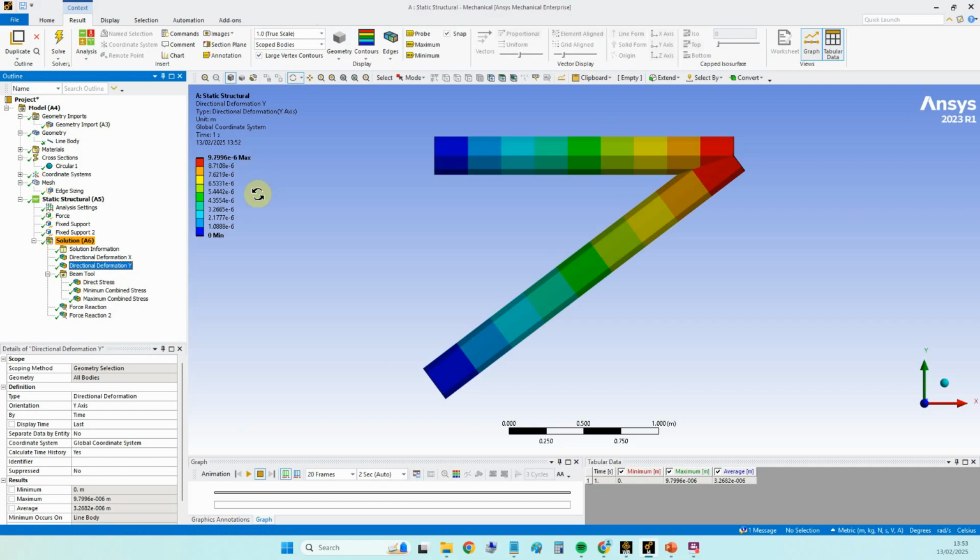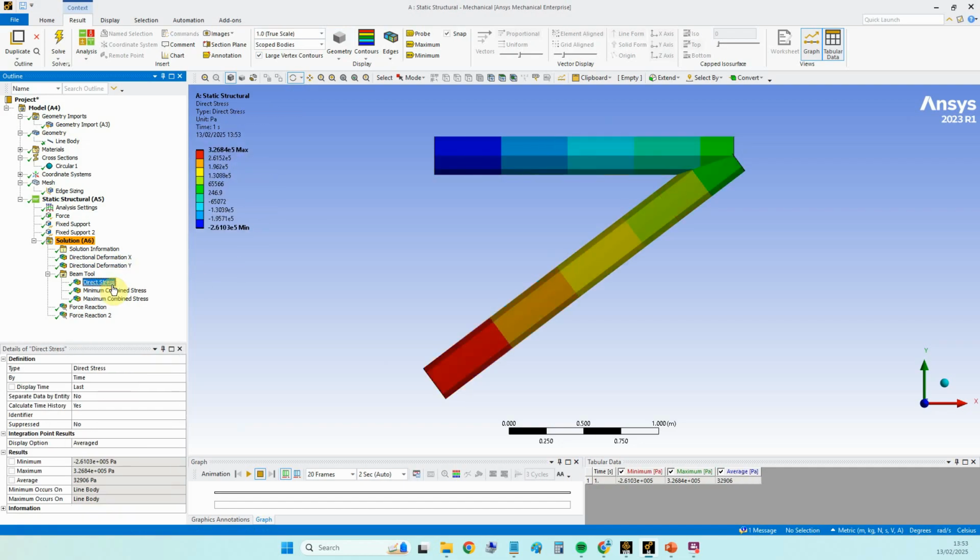So again, very similar. Then if I look at stress, you might recall that the stresses we just worked out were 0.33 megapascals and 0.266 megapascals. So again, we got 3.26 rather than 3.3, and we've got 2.61 rather than 2.66. So it's very close. And then the last thing we'll look at is our force reactions.